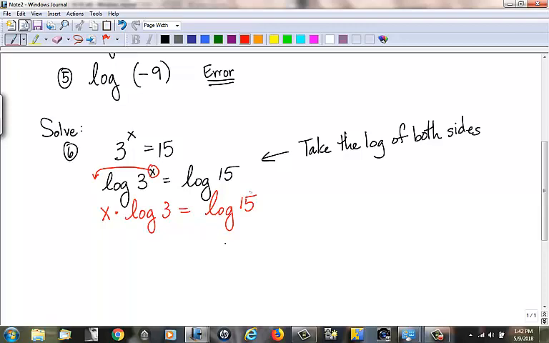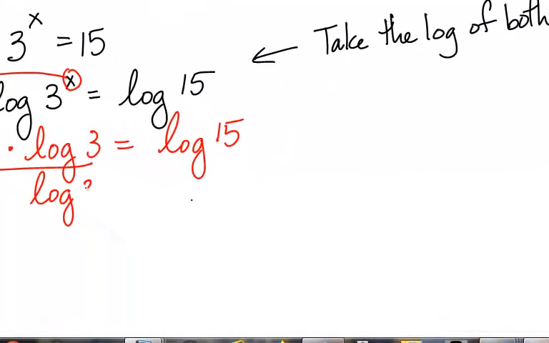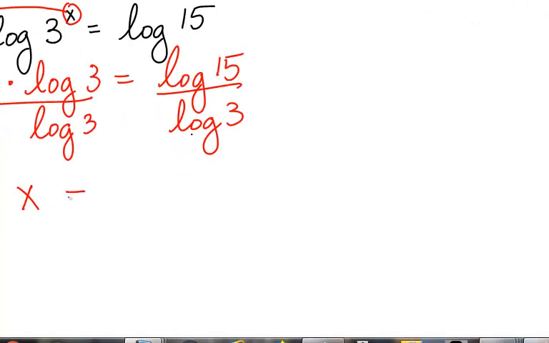You want to get x by itself, so divide by the log of 3 on both sides. Okay, so x equals, so on your calculator, do the log of 15. You've got to close the parentheses, divided by the log of 3.